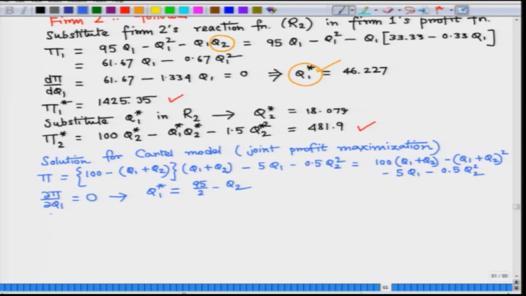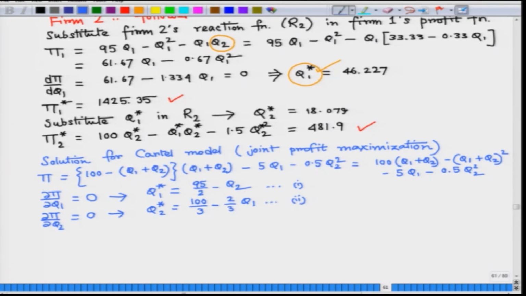So, then basically I have to take another derivative, set that equal to 0, and then I get Q2 star, that is going to be a function of Q1. Okay, fine. So, now let me name these equations. Let me say this is my equation number 1, this is my equation number 2. Okay.